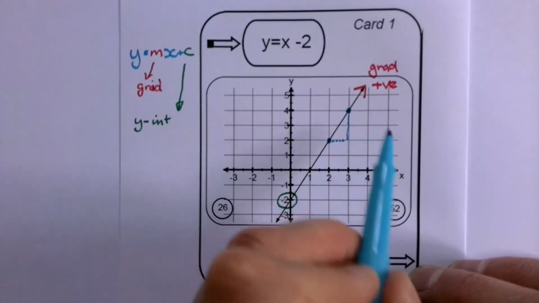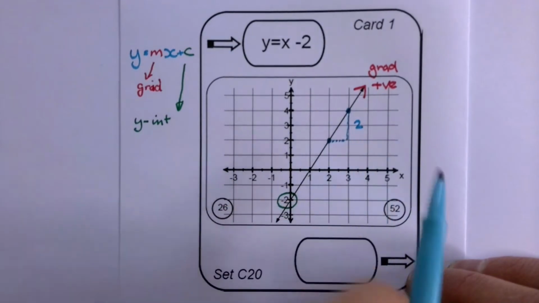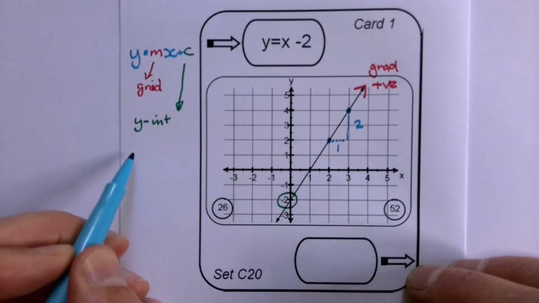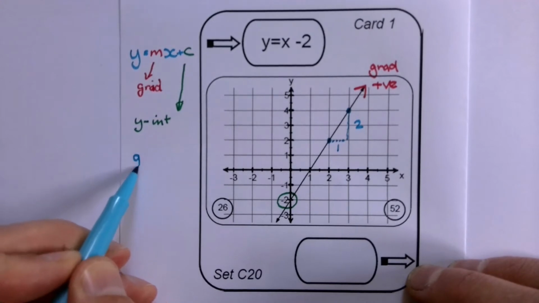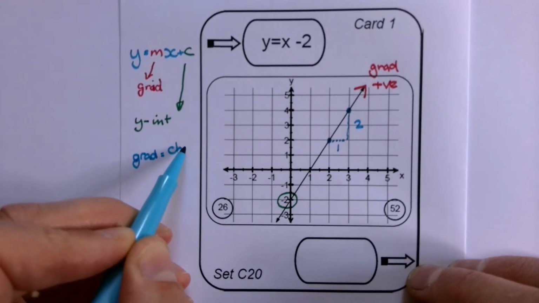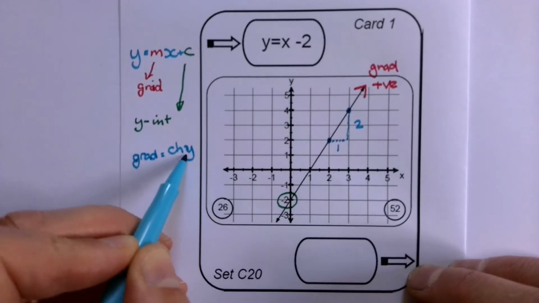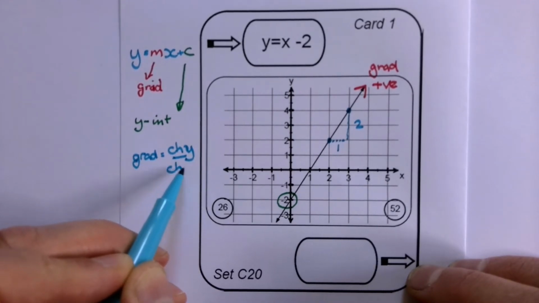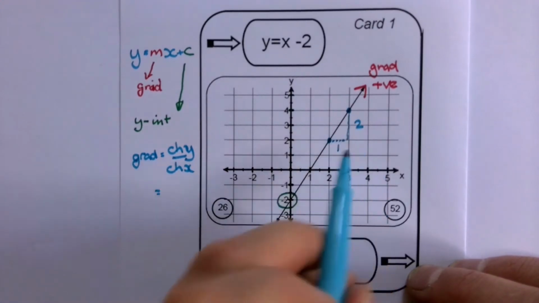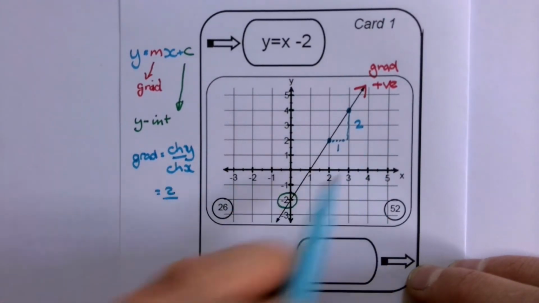So how big's that? That's 2. How big's that? That's 1. Now the gradient is equal to the change in y divided by the change in x. So here my change in y is 2, my change in x is 1.